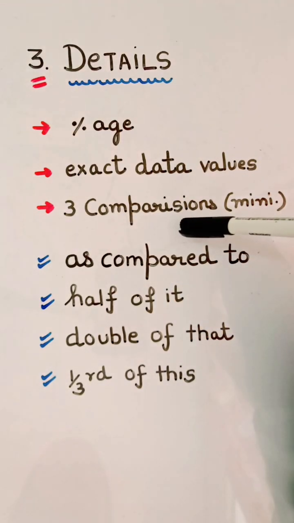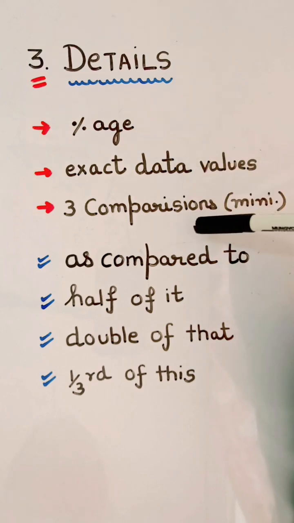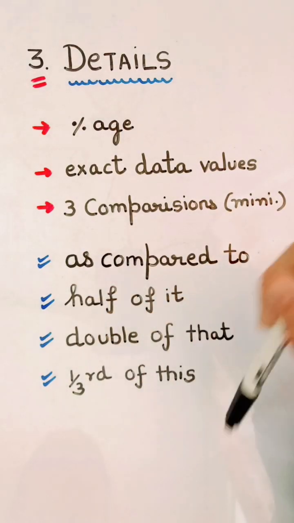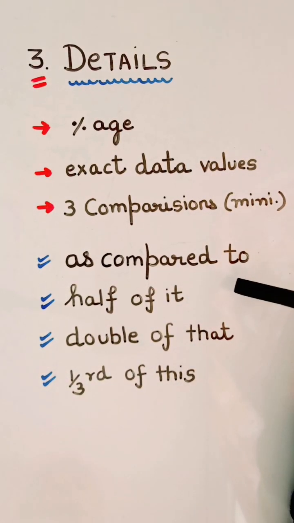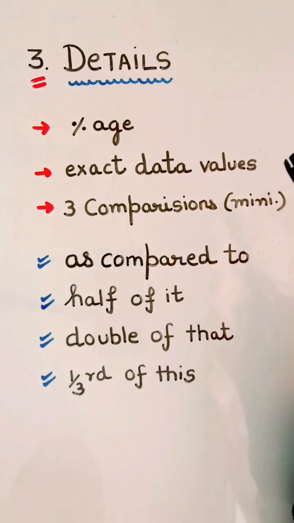Three comparisons are to be done, minimum three comparisons. Those are really very, very important to mention. Okay, so just keep these three things in your mind along with these four. Now, what are these four? These are some words that will make your details very impressive because you will be comparing some value to the other value.